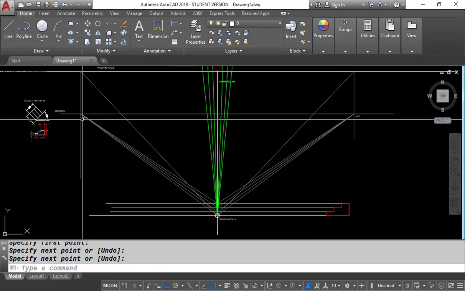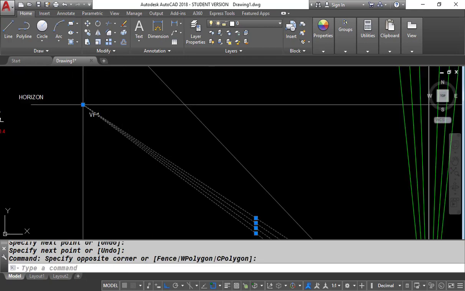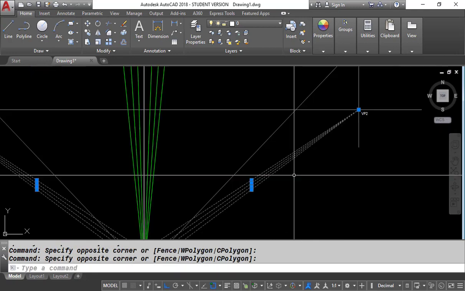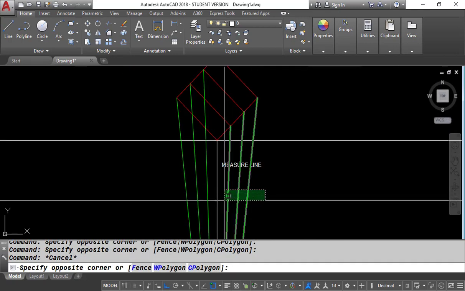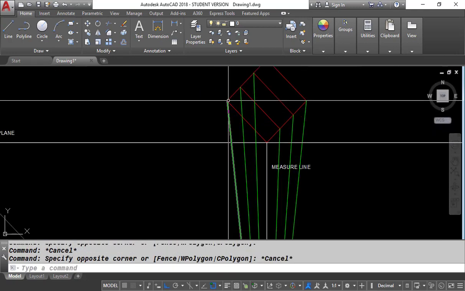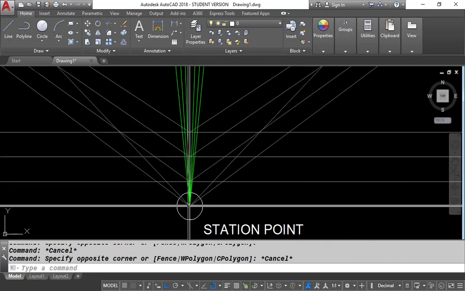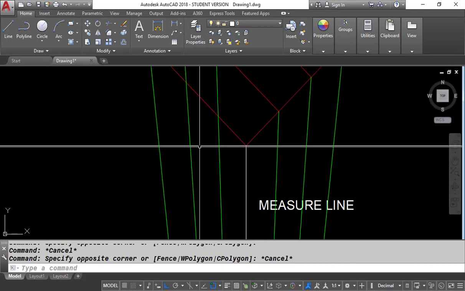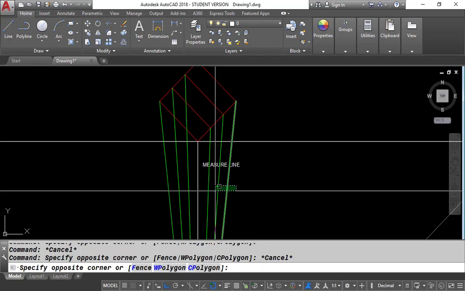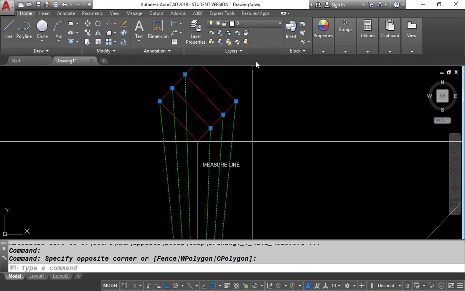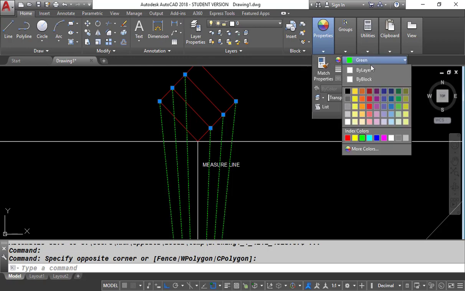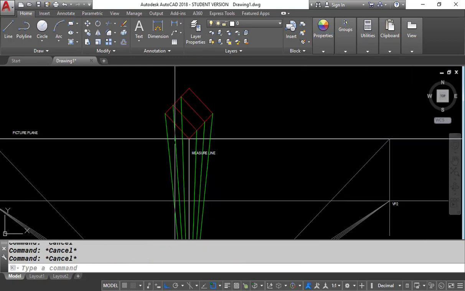So we have connected the vanishing point, we have connected the vanishing point 2 points, and we have connected all the plan lines to the station point. Now after that, what you have to do, you have to draw all these lines in a very light manner, very lightly, because these lines are not much required.